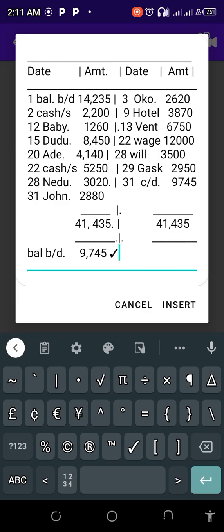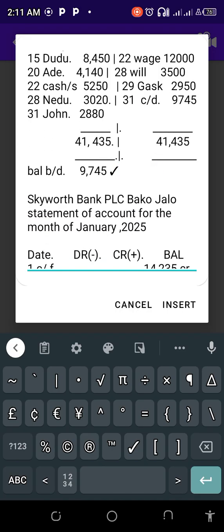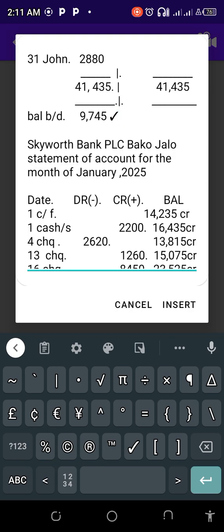Now you are also given the bank statement of Banco Jalo, Skyward Bank PLC, Banco Jalo statement of account for the month of January 2025. All things being equal, the balance of the cash book is supposed to be the exact balance of the bank statement.